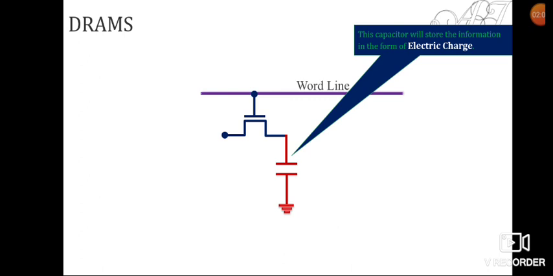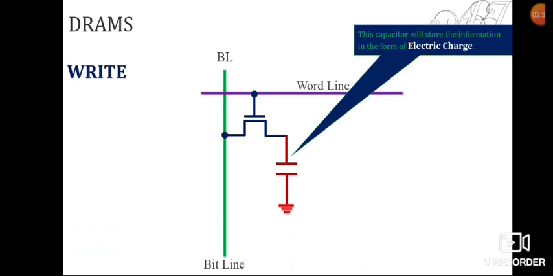So what is the purpose of the word line? The word line is used to select this particular DRAM cell. This word line is connected with the address decoder, and whenever the address decoder issues this particular address, only then will this DRAM be selected for a read or write operation. Then here is your bit line also. The purpose of the bit line is to facilitate the read and write operation.